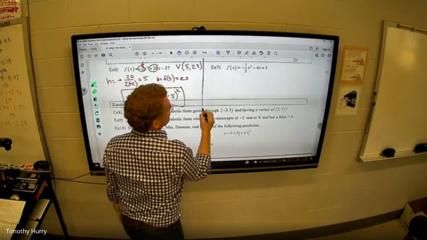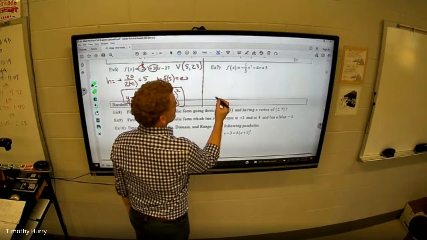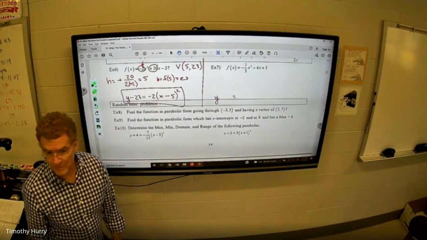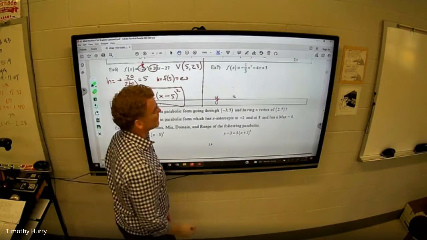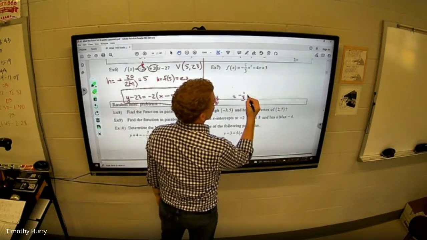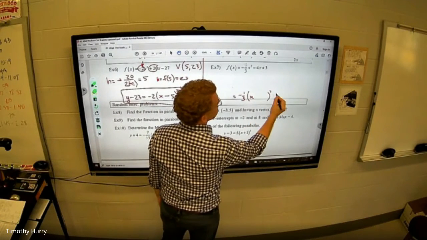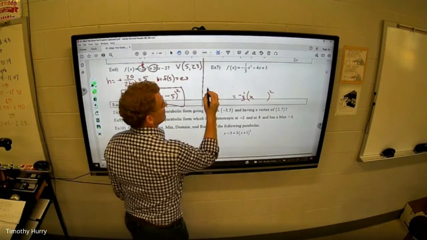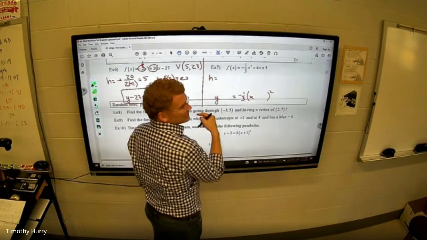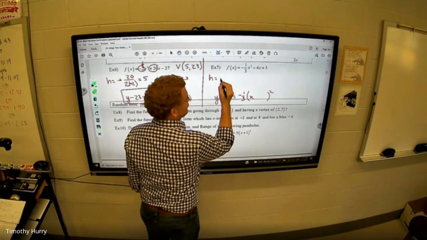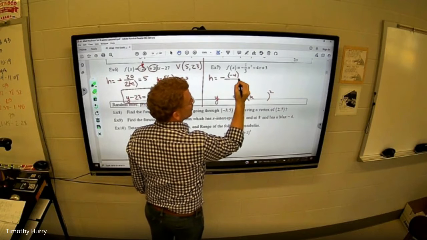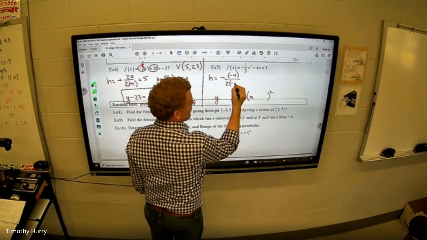Okay, so right here, what do I immediately know? A is -1/3. I can go ahead and plug that in there. How do I find my h coordinate? My h value, my x coordinate, my vertex. Negative the b over twice the a.